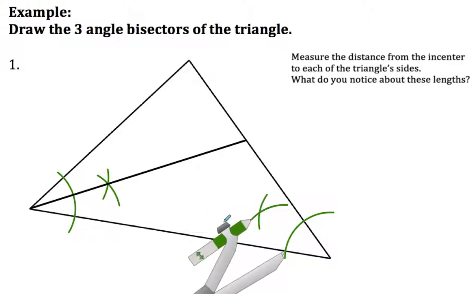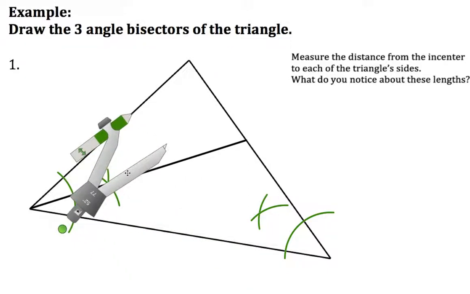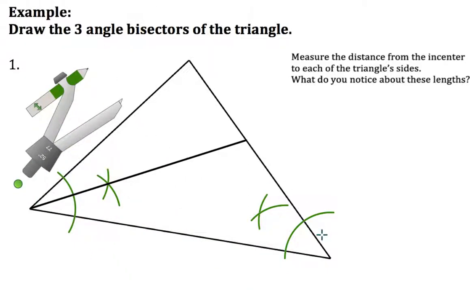And draw another little tick mark. And then we now know to get our ruler, draw a line from this corner through that X to the other side. Okay, so there's your second angle bisector.